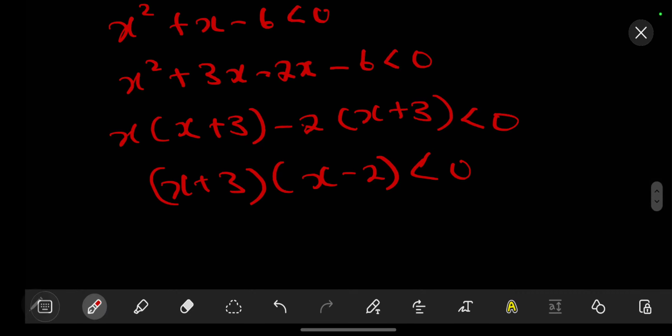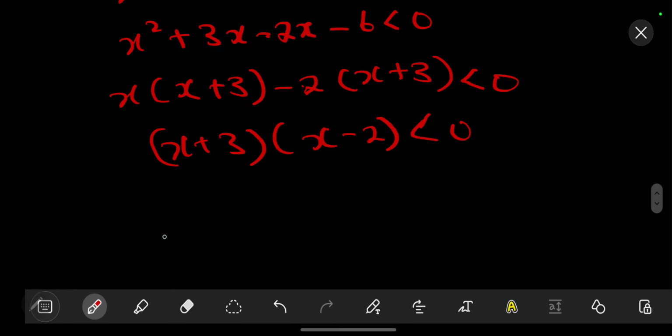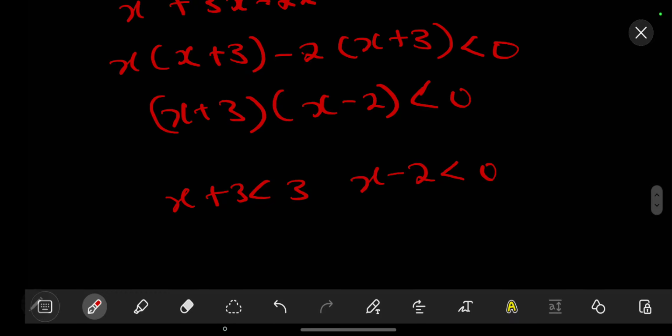Now when you reach this point, instead of just saying x plus 3 less than 0 and x minus 2 less than 0, in which case we are going to have x less than -3 and x less than 2, this is not how inequalities work.